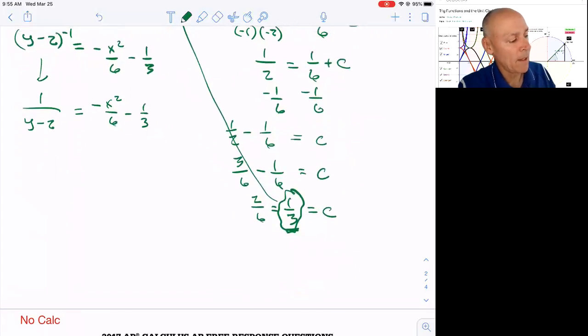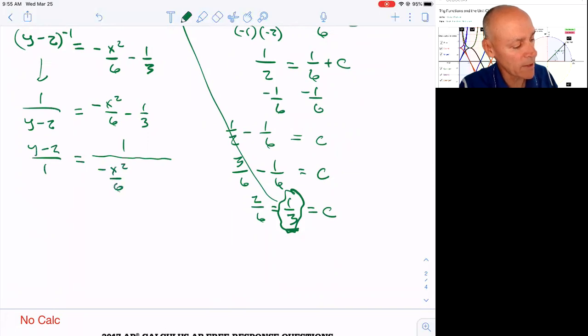Okay. Now, since I have the y in the denominator here, I just want to take the reciprocal of both sides. So I'm going to flip the left side and get y minus 2 over 1, or just y minus 2. And over here, I'm just going to write this as 1 over negative x squared over 6 minus 1/3.